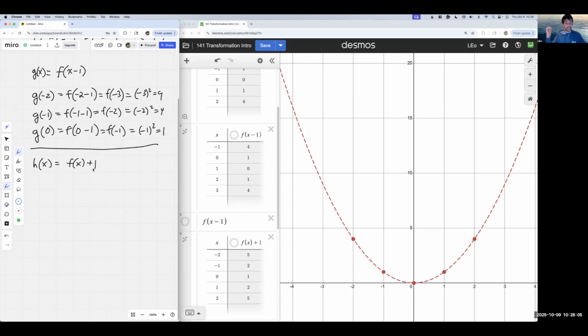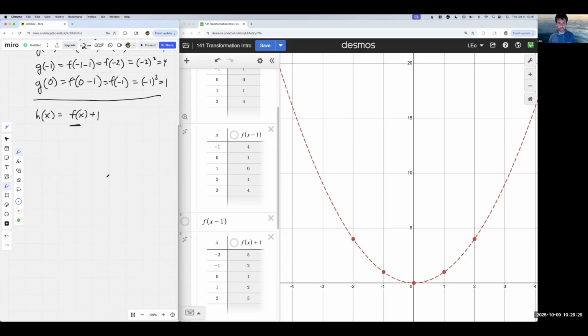H of x takes an input, squares it, does what f does, and then it takes that and adds 1 to it. So it's like we're inserting a line after our original set of instructions, right? So let's just think through what that would do. We're going to spit out all the same values of f with this first part of the function, but that last instruction is going to make all of our output values 1 unit bigger.